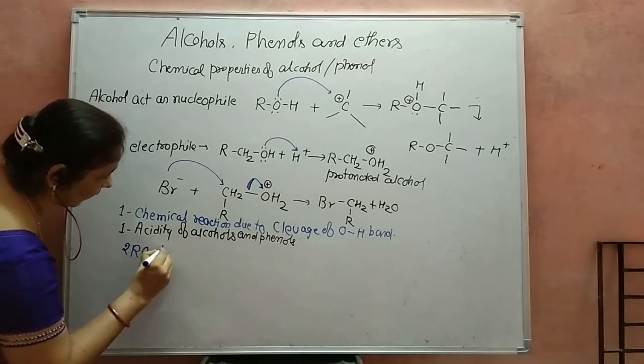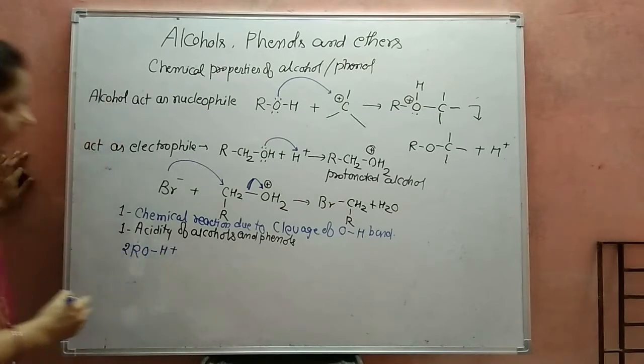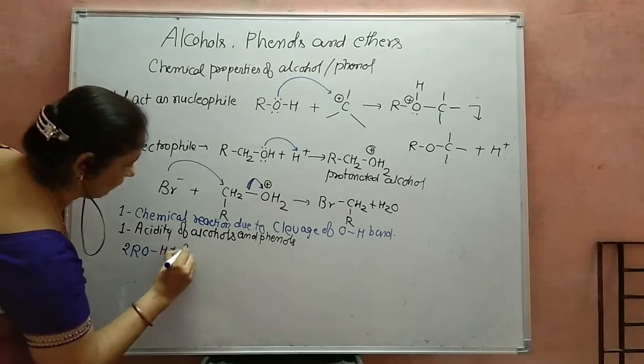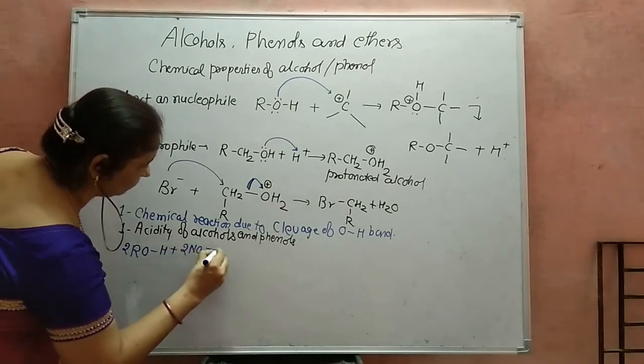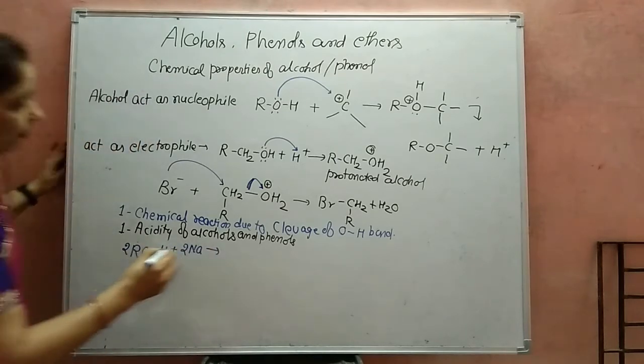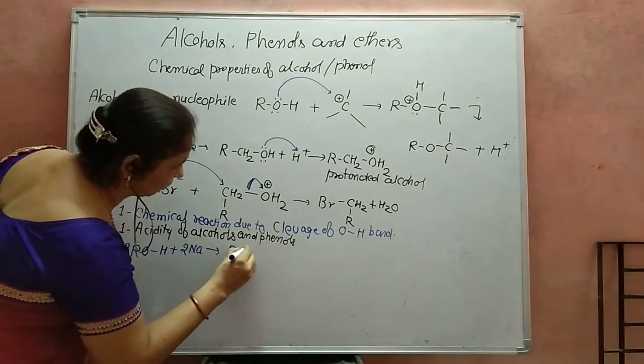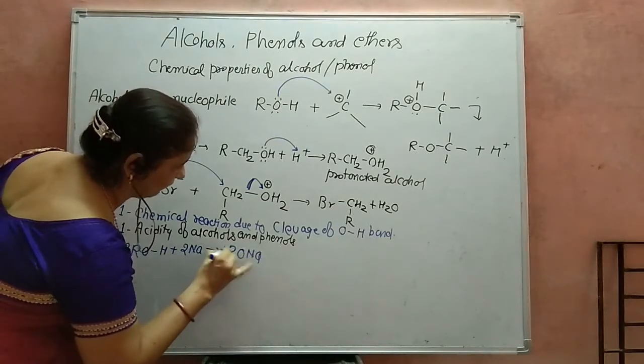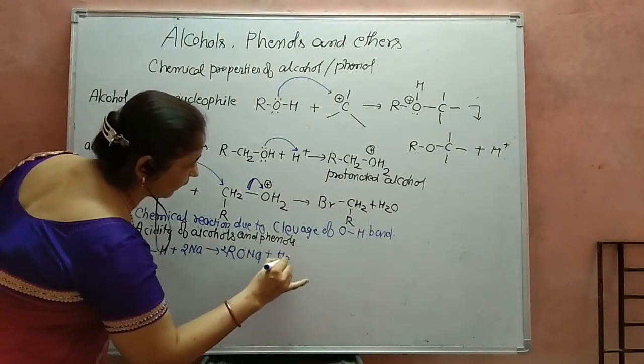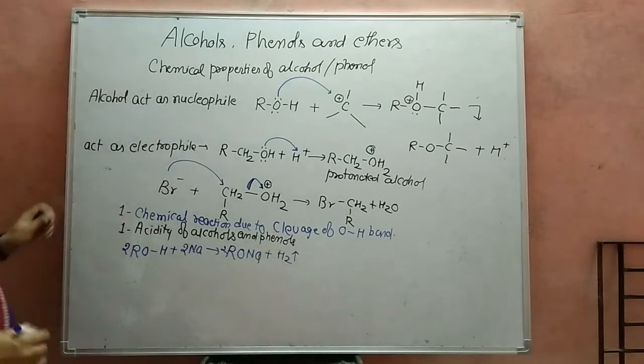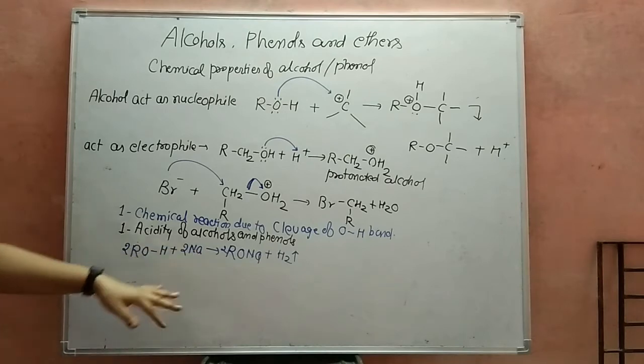Alcohol is an acid, so it reacts with metals such as sodium. It forms the compound RONa plus H2 gas. Just as any acid such as HCl, H2SO4 will react with any metal to liberate hydrogen gas.